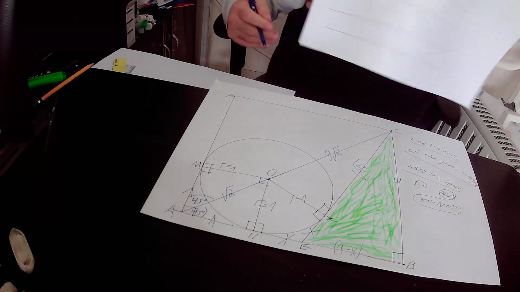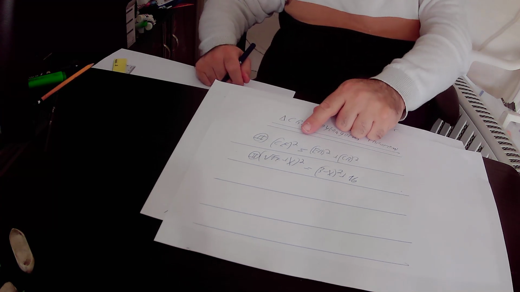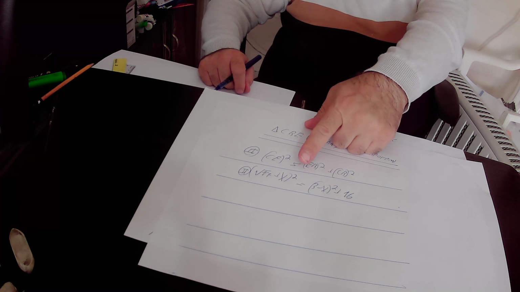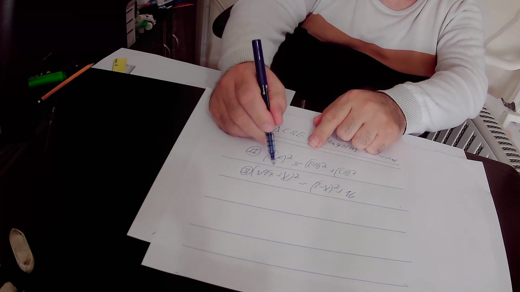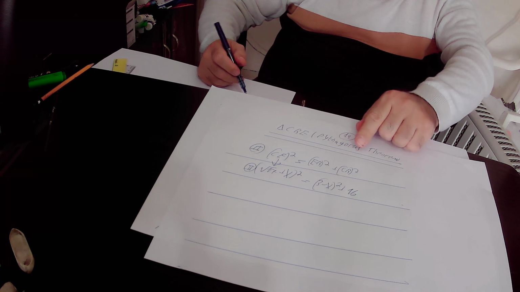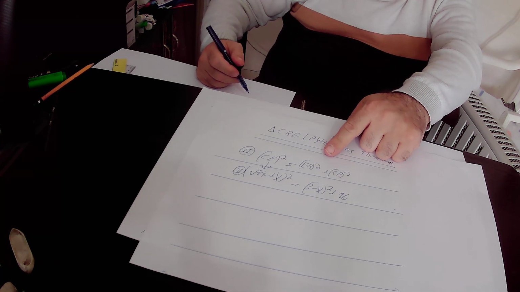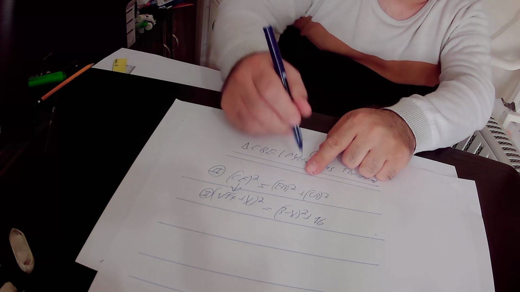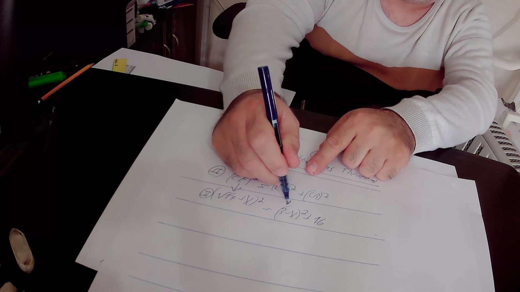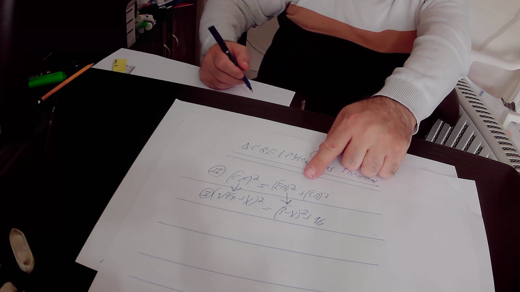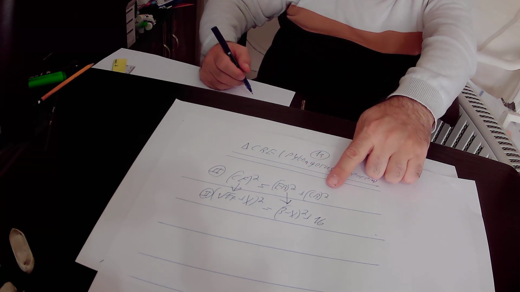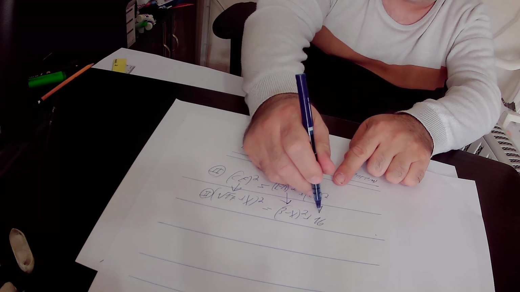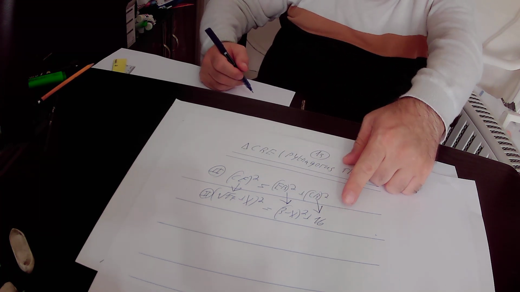So in conclusion, CE is square root of 17 plus x, therefore CE squared is (square root of 17 plus x) squared, and it equals EB squared, where EB equals 3 minus x, so (3 minus x) squared, plus CB squared, where CB equals 4, so 4 squared is 16.